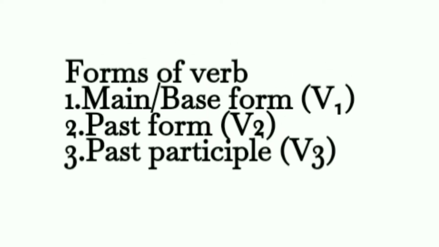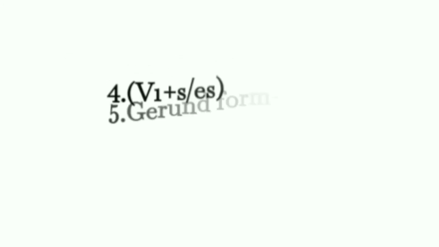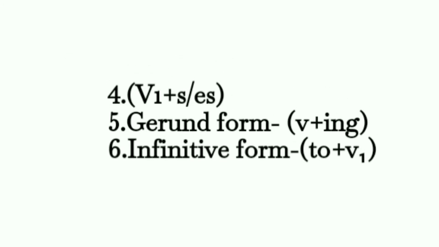Dear students, at first you have to know the forms of verb. Number 1, main or base form or V1. Number 2, past form or V2. Number 3, past participle form or V3. Number 4, V1 plus S or ES form.